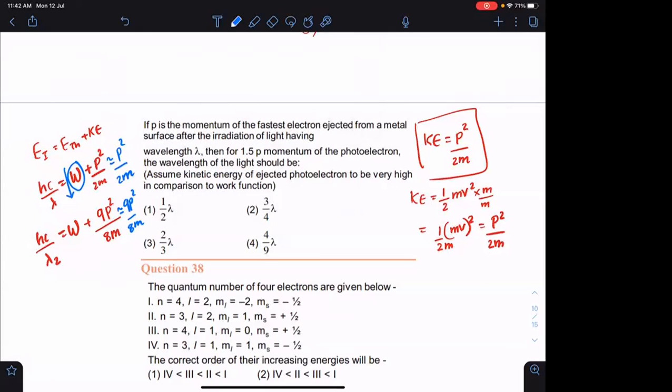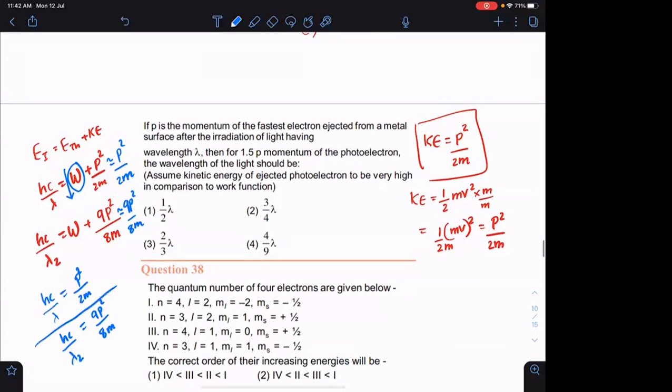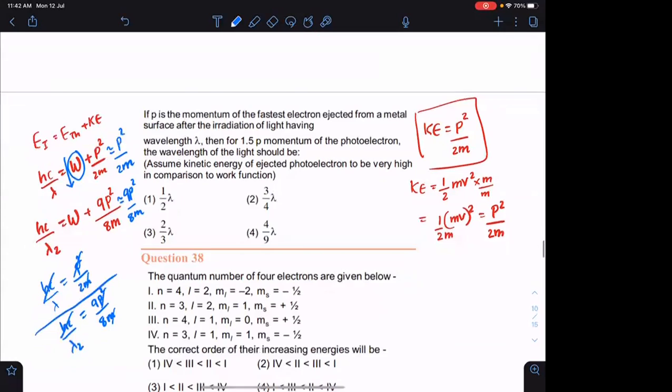Okay, clear है? So the expressions will be hc upon lambda equals p² upon 2m, and hc upon lambda 2 equals 9p² upon 8m. If you divide this, hc और hc cancel होगा, p² cancel होगा, m और m cancel होगा.